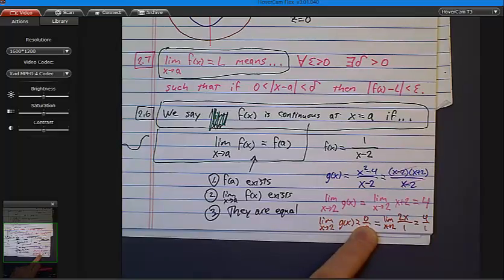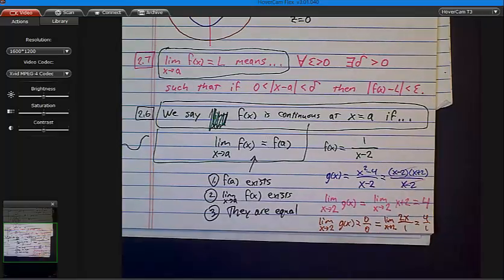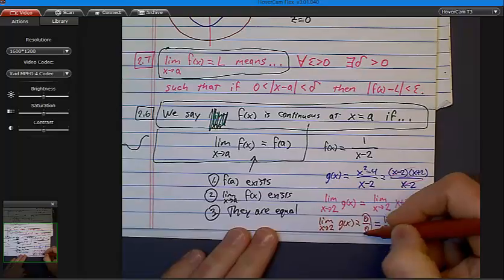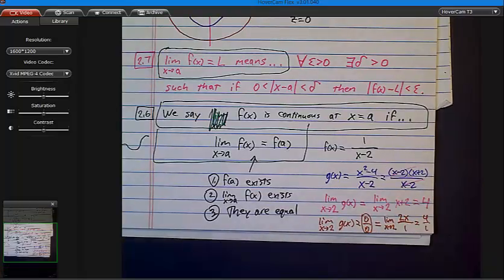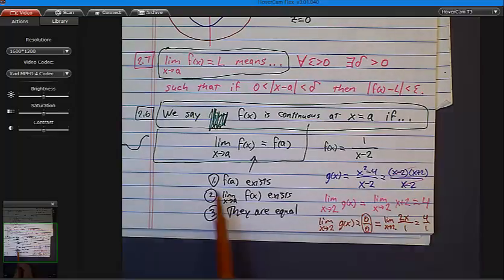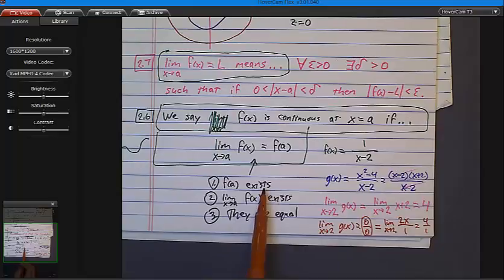So these are Calc 1 ideas that, again, are handy to have. And these same ideas apply in Calc 3. Again, I guess the thing I'm getting at is this 0 over 0, right? When you get that, well, it's not continuous because f of a does not exist.